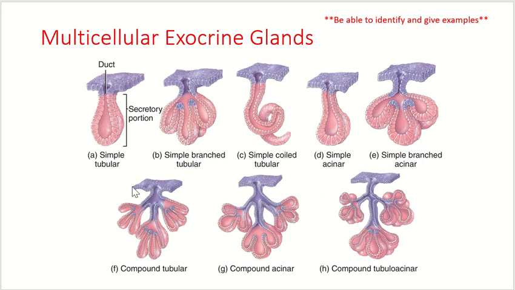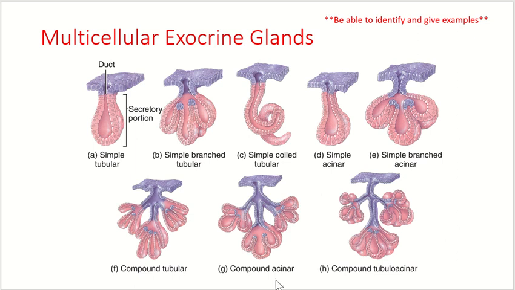All right. Now, we can then look at whether or not these multicellular exocrine glands are simple or branched, whether they're simple branches or a more compound branching system here. So if we've got a simple branching here, or we've got a more compound where there's multiple branches coming off here, we can have the simple branched tubular and compound tubular.